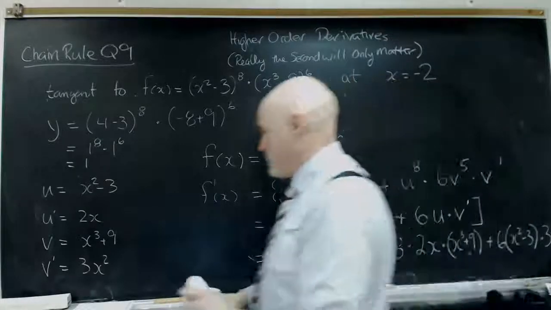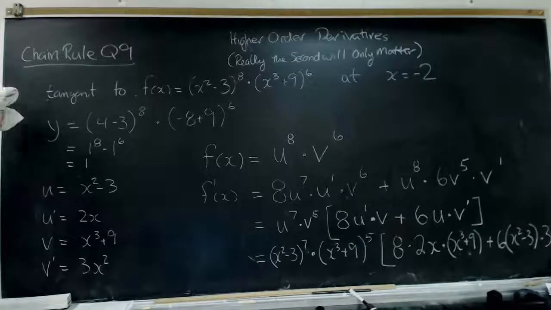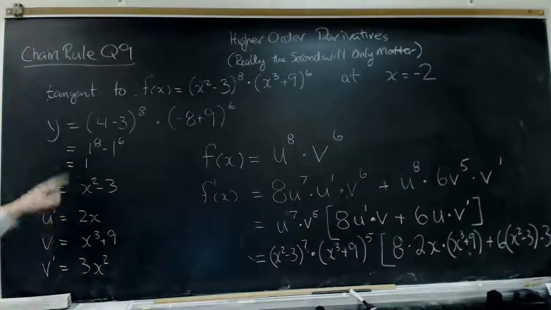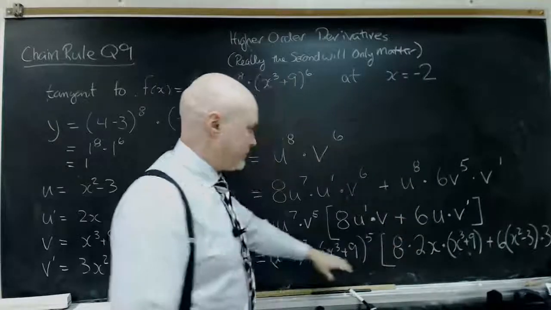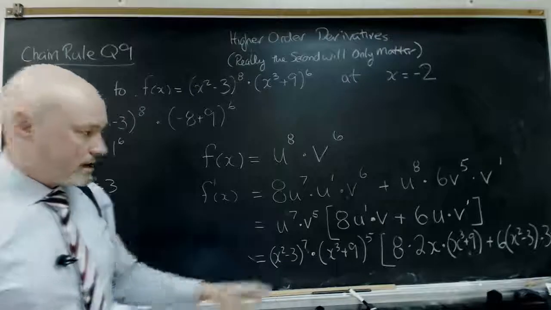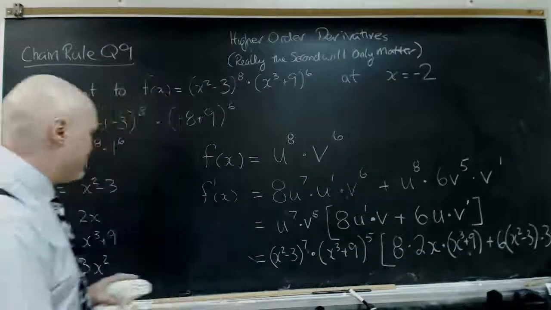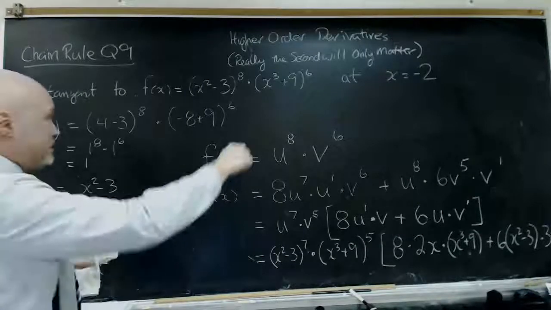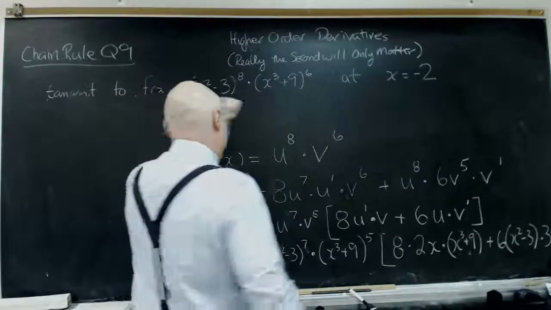Okay. Now, I could make it simpler, and I could expand and do all those sorts of things, but the fact is, if I put x equals negative 2 into a lot of these expressions, they get really super simple. So rather than expand and collect like terms, I'm just going to substitute a negative 2 for x, and we'll see what happens.